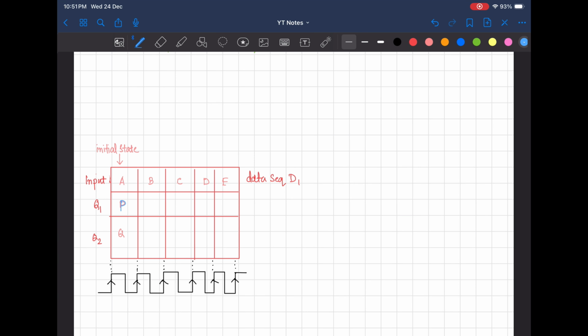As per the definition, the data should be properly sampled by the next clock edge. So A is coming at this clock edge, then B is here, C is here, D is here. By the next clock edge, A should be there, B should be there, C should be there.